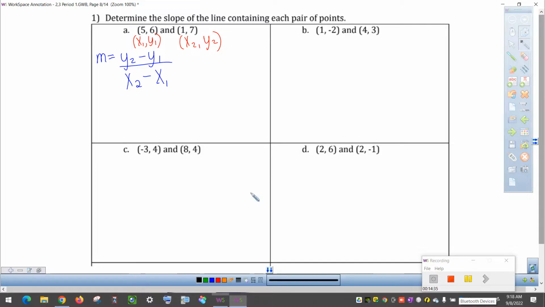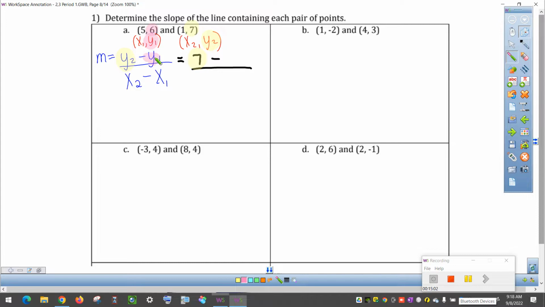All right, so let's take a look at this first one together. If I plug the numbers in, I notice that y2, I've defined that to be 7. I'm going to start with the 7, bring over the subtraction sign because that's part of our formula, and that's going to be subtracting y1.